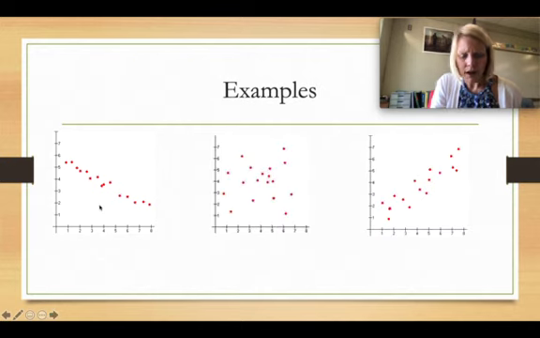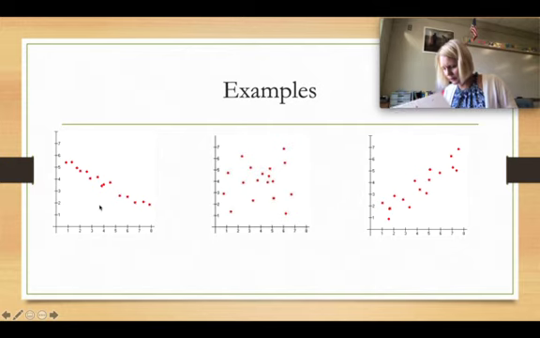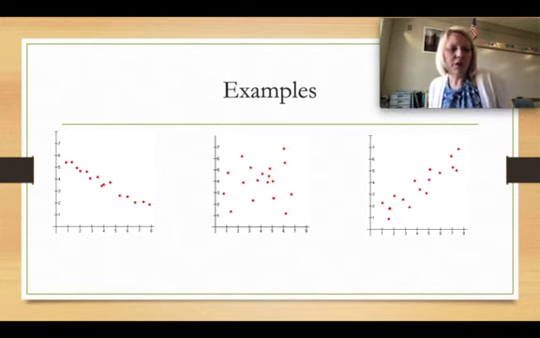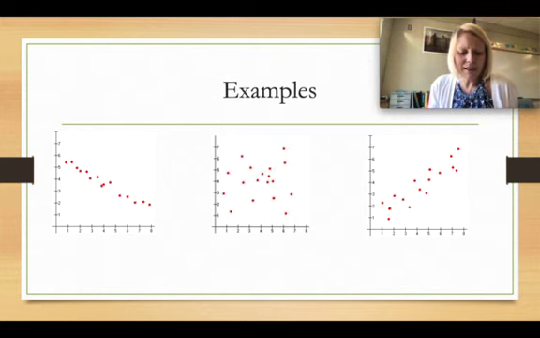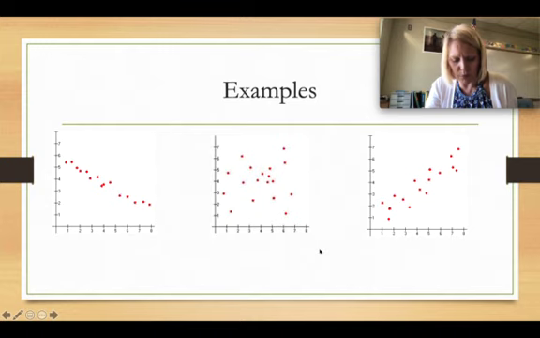So look at this one. I have some examples here. This first one: the more income rose among a sample of poor families, the fewer psychiatric symptoms the children experienced. So is that going to be the one on the left, the one in the middle, or the one on the right? The more income rose, the fewer psychiatric symptoms the children experience.